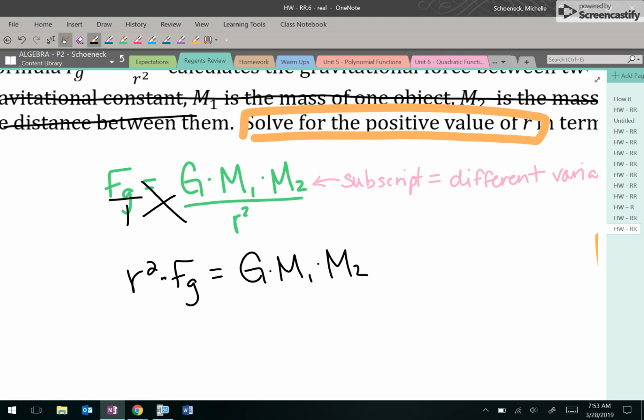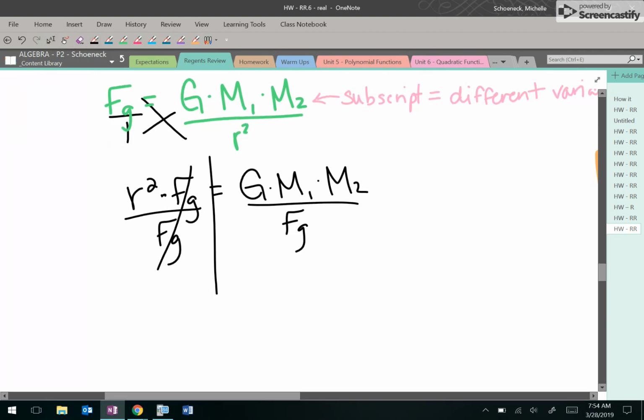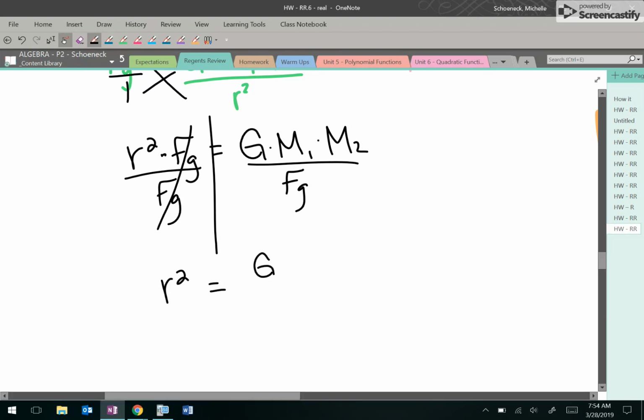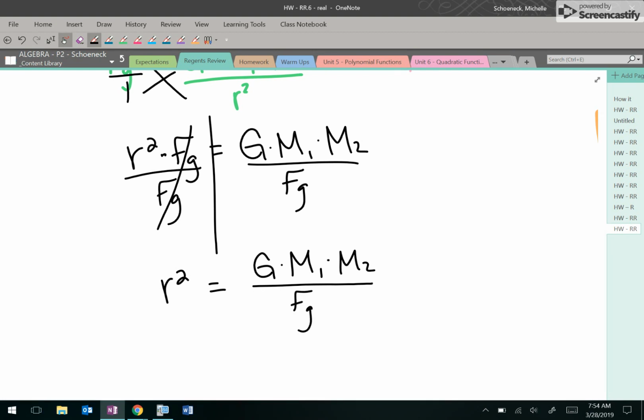Now I'm looking to get r squared by itself. Right now it's being multiplied by F sub g, so I'm going to divide both sides by F sub g. I can't combine any like terms. We don't know what these variables represent, so I currently just have r squared equals G times m1 times m2 over F sub g, this big fraction. And then we have to think, okay, what's the opposite of squaring a number?